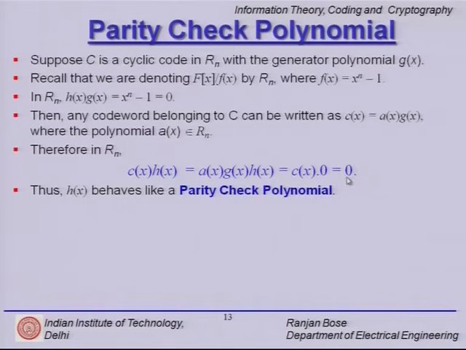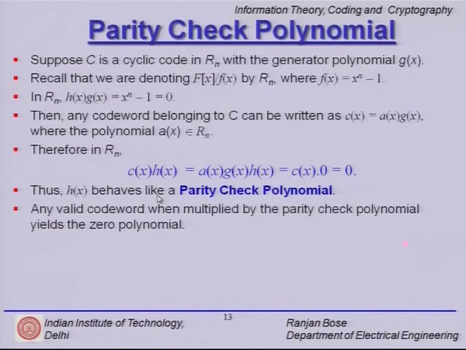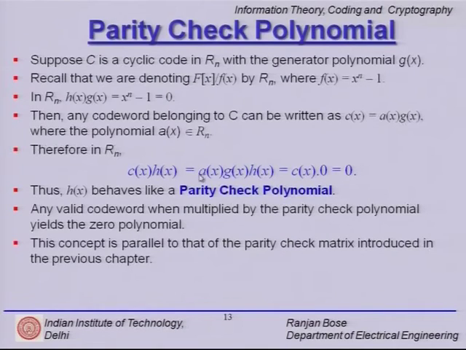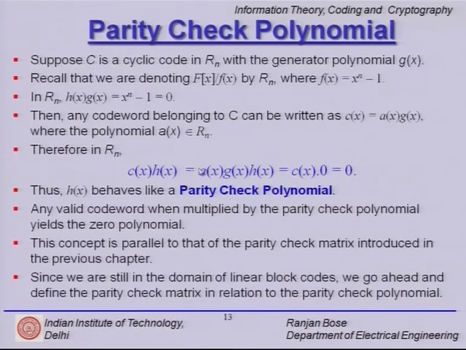If you get a 0, you can be rest assured that it is a valid code word polynomial. Therefore, it behaves like a parity check polynomial. So, valid code words when multiplied with h of x give a 0, whereas if it is not, then you have some error. So, error detection is extremely easy with this. We will explore this concept shortly.